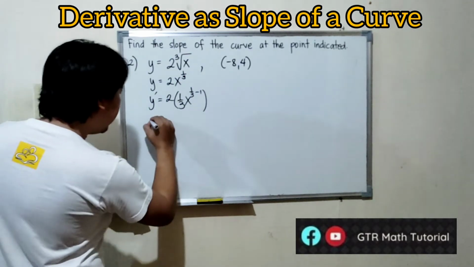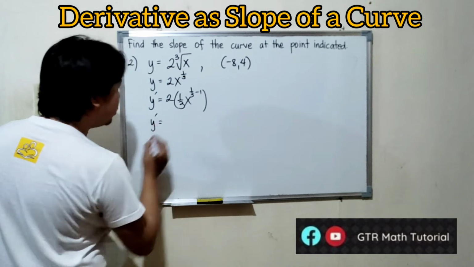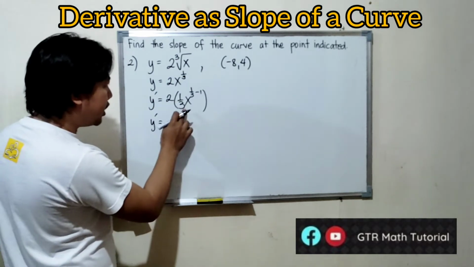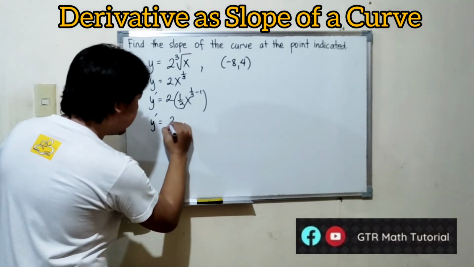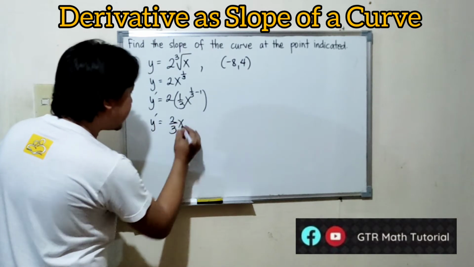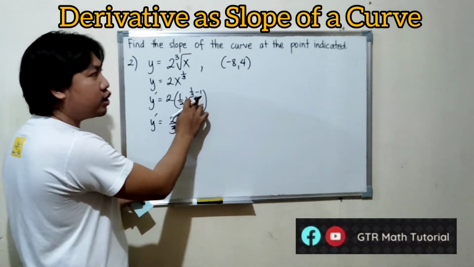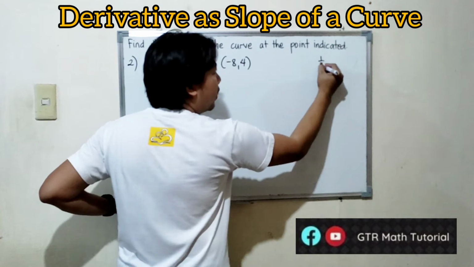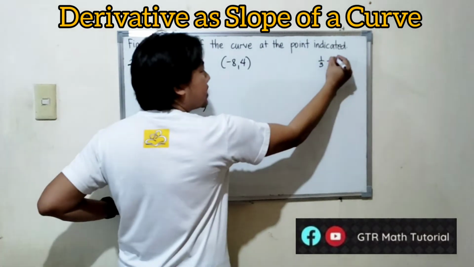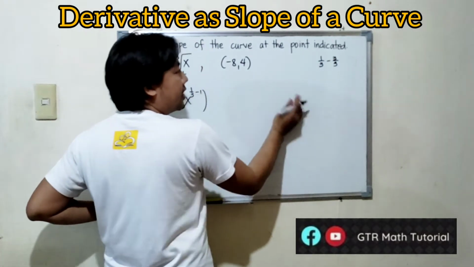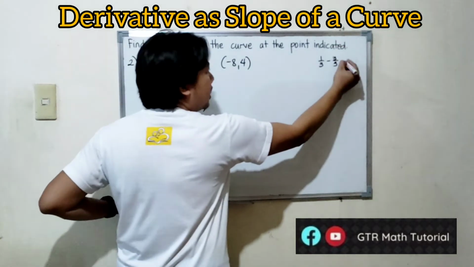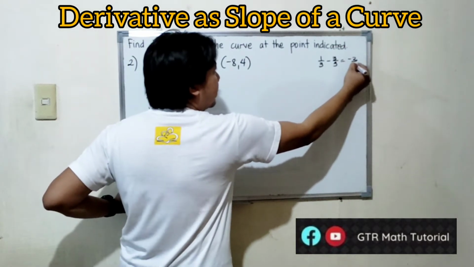Just simplify. We have y prime equal to 2 times 1/3, so that is 2/3 x raised to 1/3 minus 1. 1/3 minus 1 can be expressed as 1/3 minus 3/3. Subtract the numerators, 1 minus 3, so that is negative 2/3.